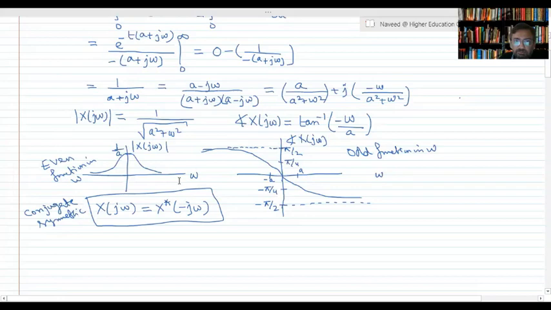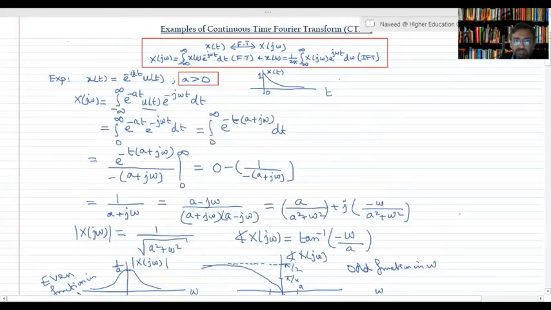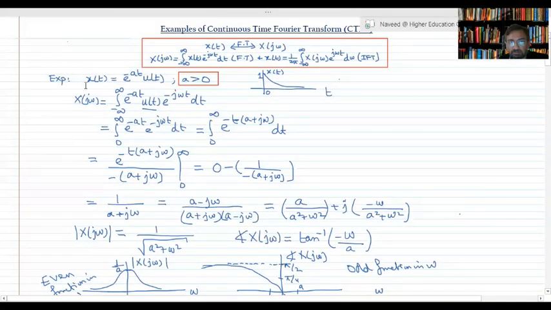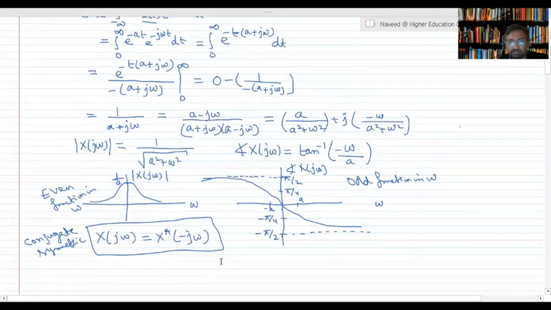Maybe, and it seems very likely that for real signals in the time domain, their Fourier transforms should have conjugate symmetry, because we have already seen the properties of Fourier series and we can relate to that. However, when we discuss the properties of Fourier transform, we will clearly see what conditions should be on x(t) for X(j omega) to be conjugate symmetric.